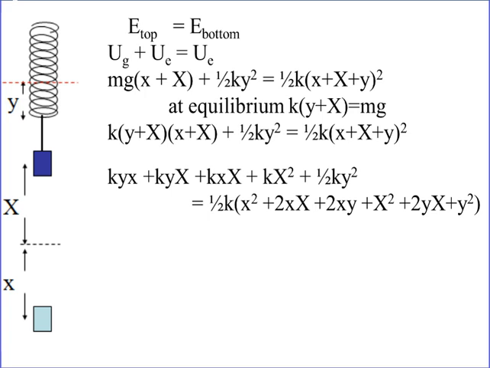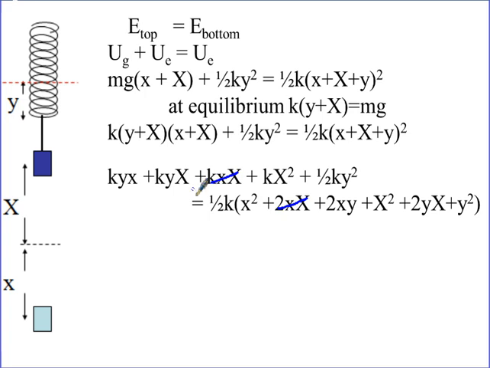But look at this. Here we have one half k times 2 little x big X, which is equal to k little x big X, and over on this side we have k little x big X. So those are going to take one another out.